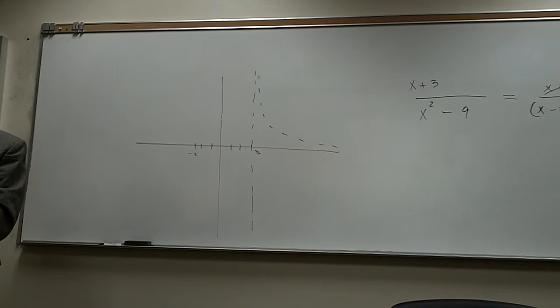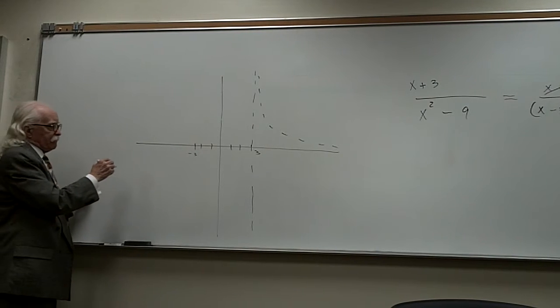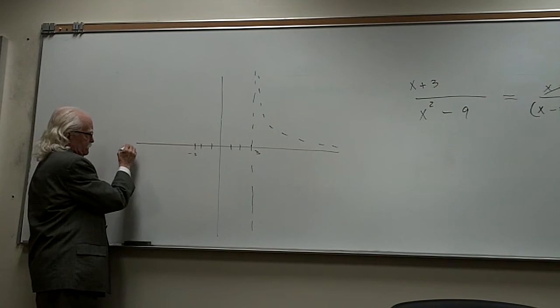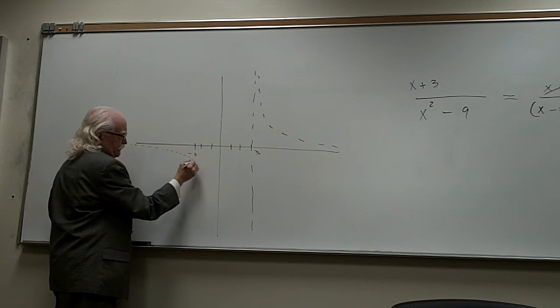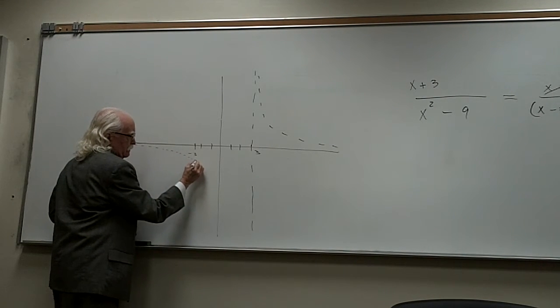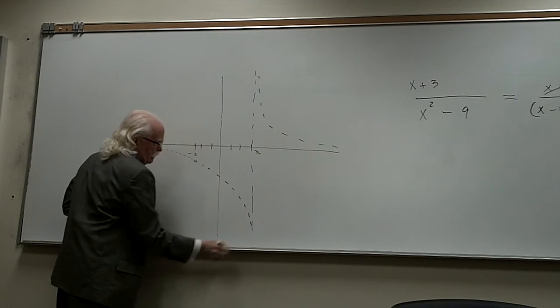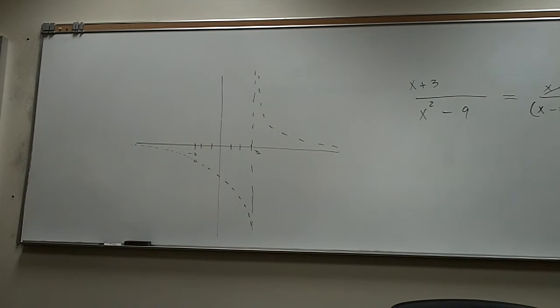So, you say, okay, now, what happens with that? This is what happens, everybody. You'll have something that looks like this. It'll still come around like this, but as you get to this point right here, guess what happens? You have a hole in the graph at -3.